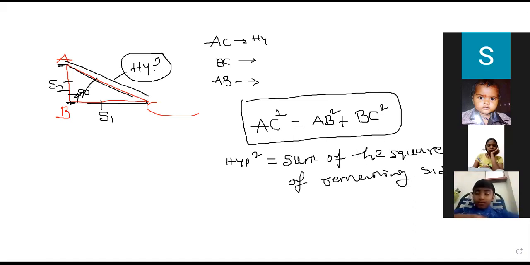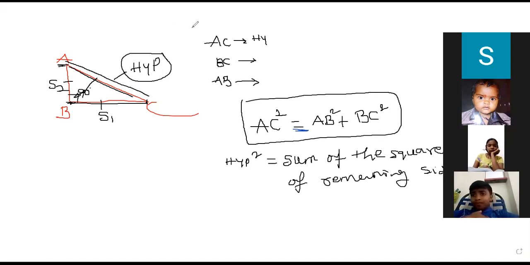What is that law? Hypotenuse law. The Pythagoras law is hypotenuse square.